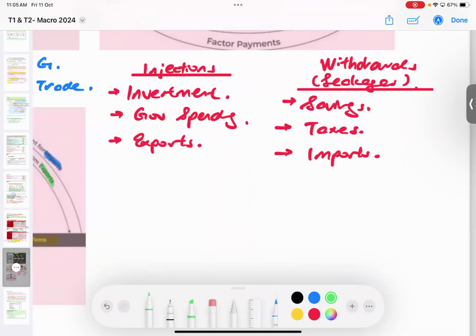Now what do we mean by injection and withdrawal? Injection means addition to circular income.